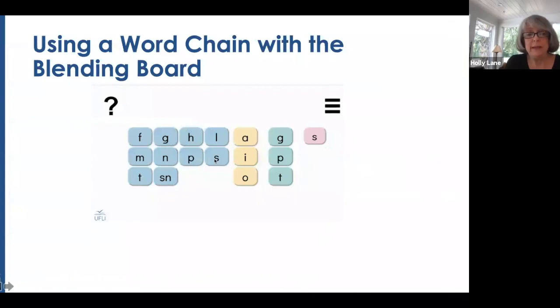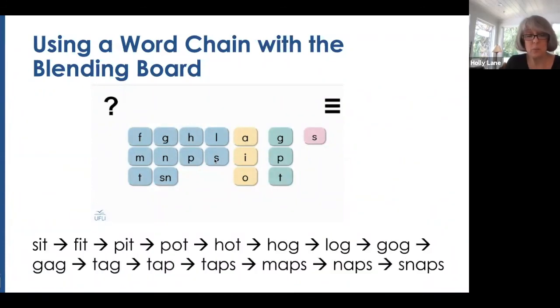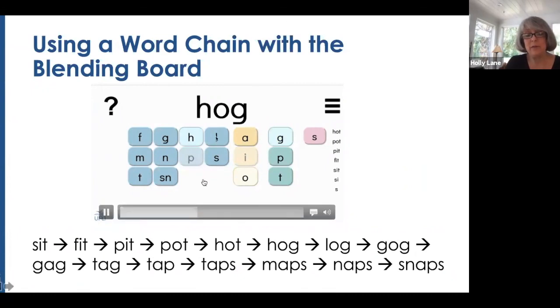So with the blending board, you can use a word chain just the same way. This one has even fewer graphemes chosen. One of the things that you may notice with this, I'm not sure if this will actually give us any good examples, but there are places, see how the P here is grayed out.